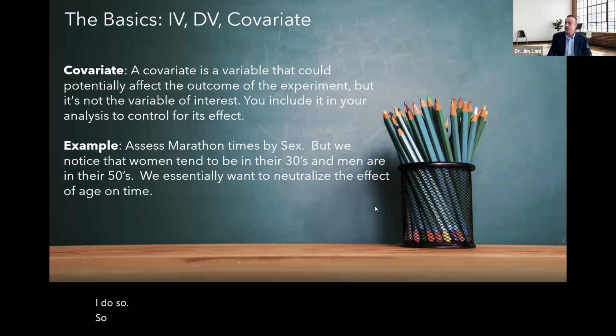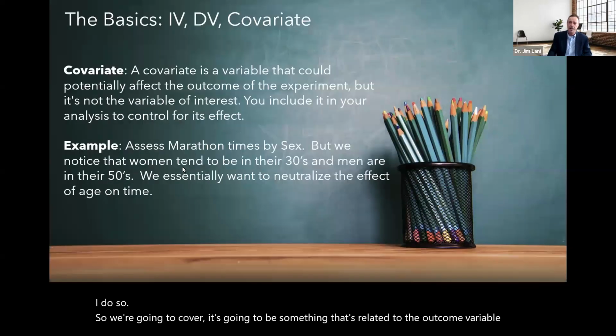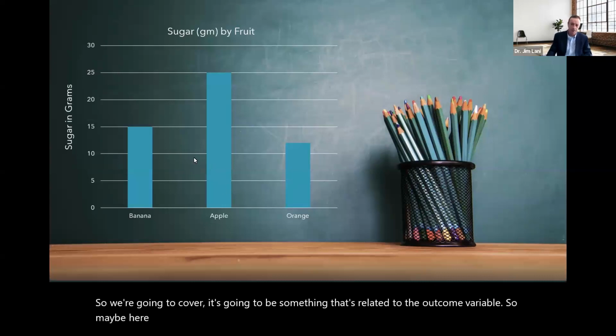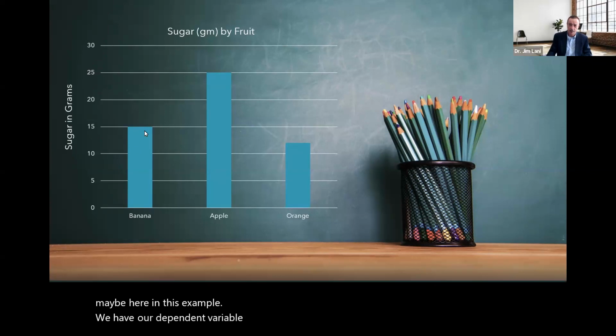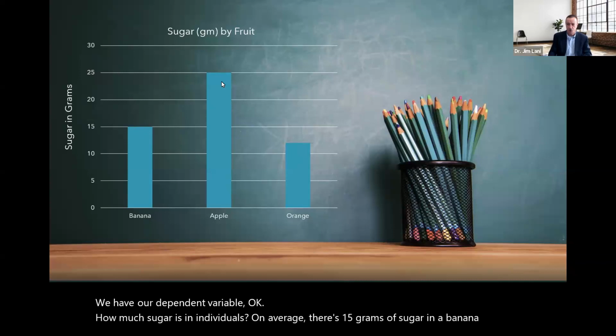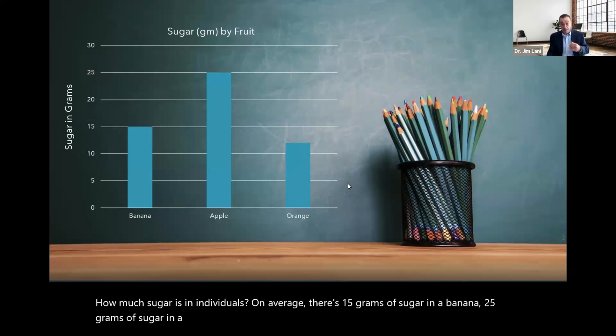Again, the covariate is going to be something that's related to the outcome variable. So maybe here in this example, we have our dependent variable: how much sugar is in individuals on average. There's 15 grams of sugar in a banana, or 25 grams of sugar in an apple when people eat it.